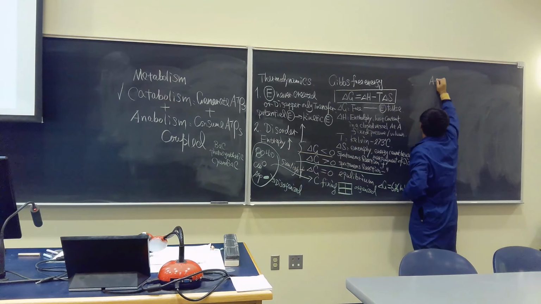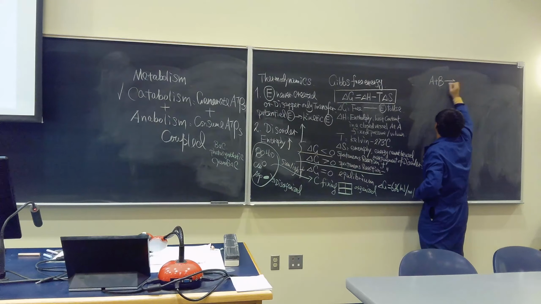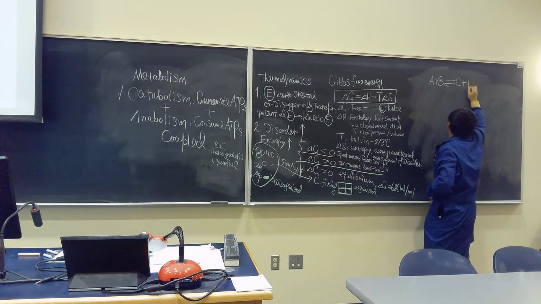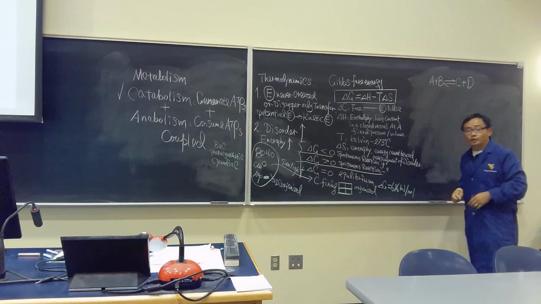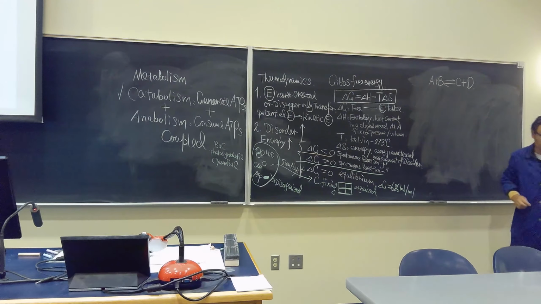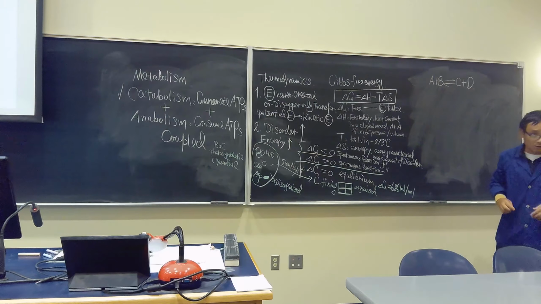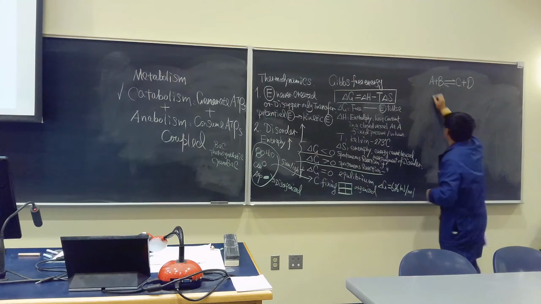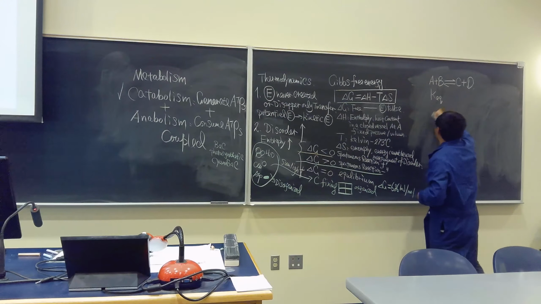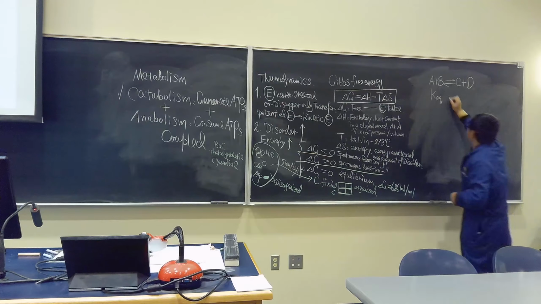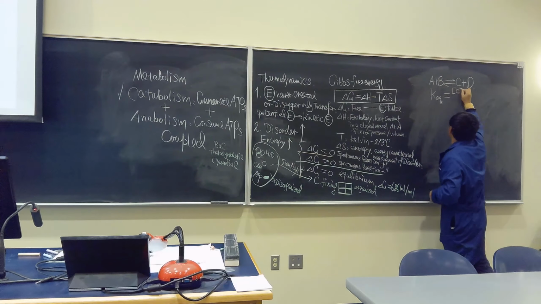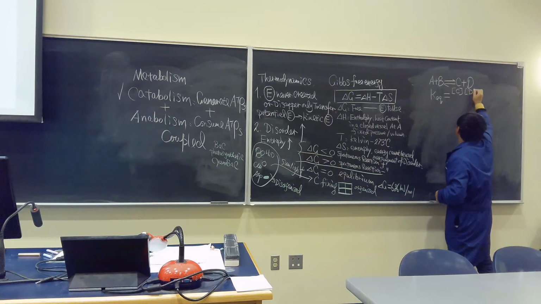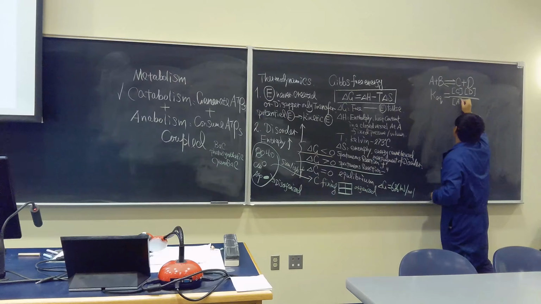Let's say I have a chemical A and B that will generate C and D. And by the way, the majority of biochemical reactions in bacteria or our human body are reversible. This comes out with K, the equilibrium constant. That equals the concentration of C multiplied by the concentration of D, which are the products, divided by the multiplication of the concentrations of the substrates.